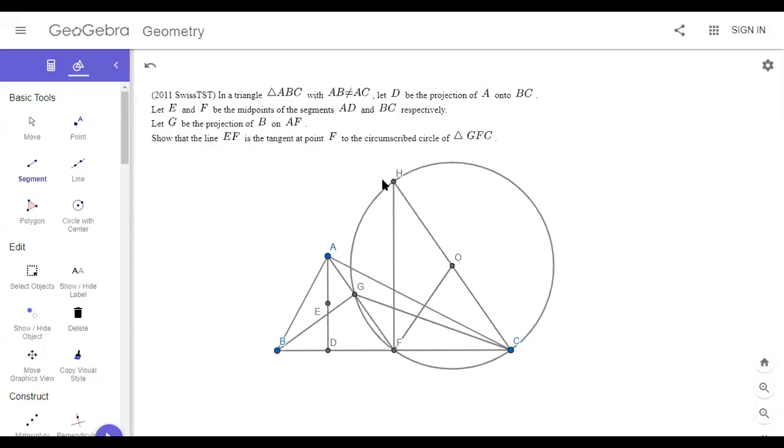We know DFH is 90. So we want to show EFD is equal to HFO, which is FH. Yeah, I also haven't used that G is the projection of B on the AF.